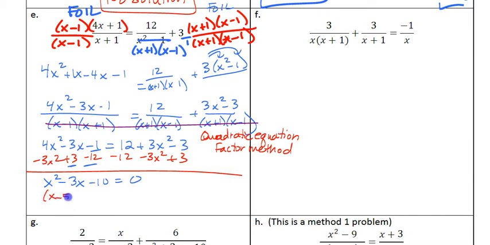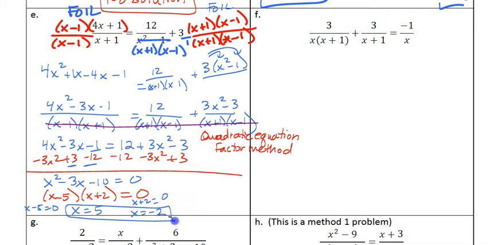So I get x minus 5, x plus 2 when I factor it, because negative 5 times 2 is negative 10. Negative 5 plus 2 is negative 3. Remember, I set them equal to 0, so my two answers are going to end up being 5 and negative 2. And then I need to check them because it is very likely one of these is going to end up being extraneous. Not always, though.